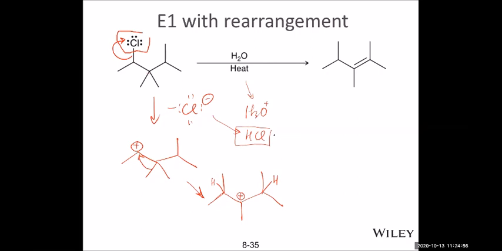This is the stronger acid. Therefore, chloride must be a weaker base, which means water is a stronger base. And so the last step is water takes away the proton and gives you the alkene.